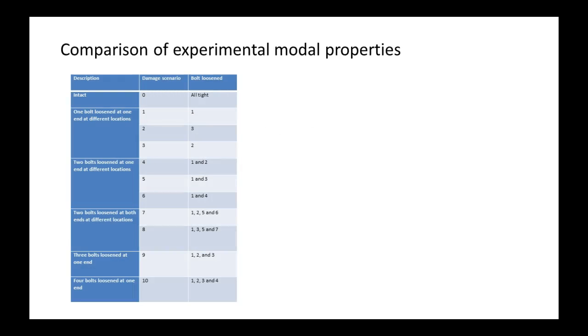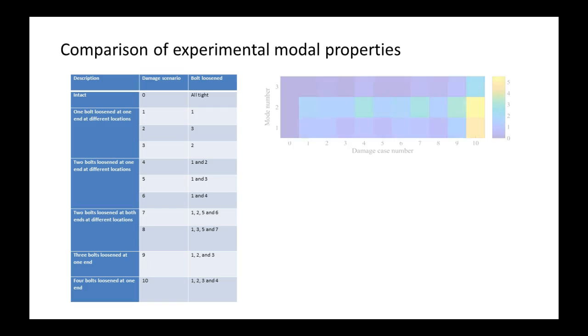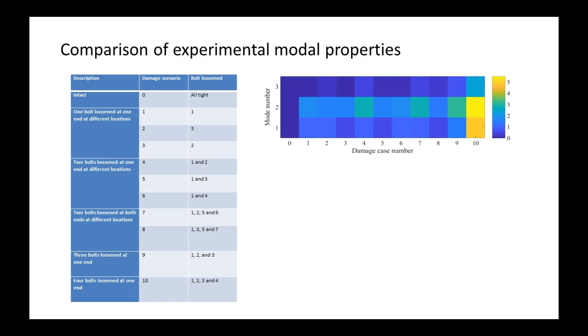For the steel frame, we consider different damage scenarios. Here we have considered 10 damage scenarios with different combinations of bolts loosened. So either 1 loosened, 2 loosened, 3, or finally 1, 2, 3, 4, all the 4 bolts at one end. Using the frequency data, we extract the frequencies.